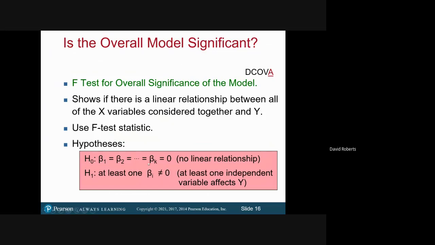Once again, we're going to do a hypothesis test to see not just if B1 is equal to 0, B1 and B2, in this case we only have 2 of them, but if you had more of them, to see if we actually have a linear relationship. All right, so in this particular case, no linear relationship, it's a horizontal line. And we're going to test to see if any of the slopes is not 0 or not horizontal.